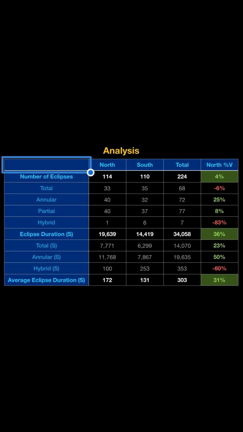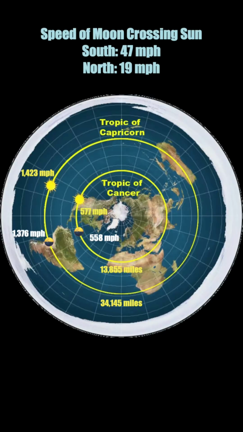They can easily be removed without affecting the overall data because they're basically the same amount in the north and the south. As far as the hybrid eclipses go, you can see that even though there's 83% less hybrid eclipses in the north, they only take 60% less time to complete. So it's very clear from this chart of data that eclipses in the south progress much quicker than those in the north. Of course, this is perfectly explained on a flat Earth model.